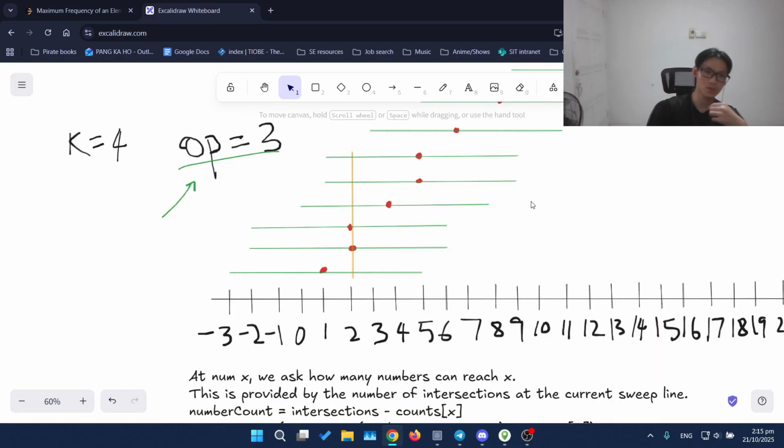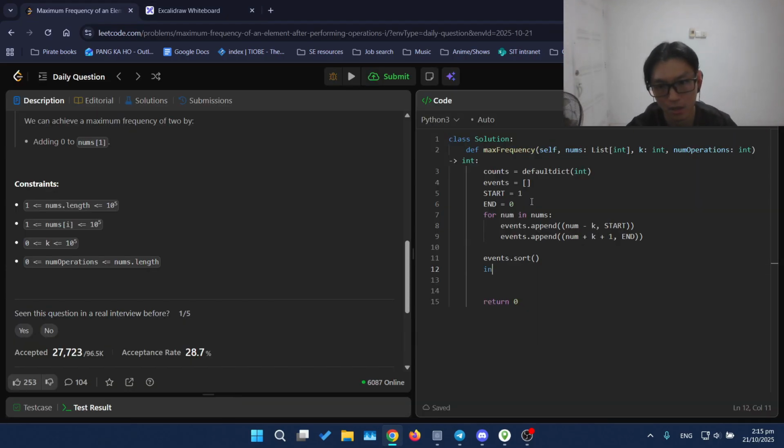Okay, how do we want to do the sweep line? Say intersections equals 0. Oh, actually, this is the frequency. How do I want to do this?